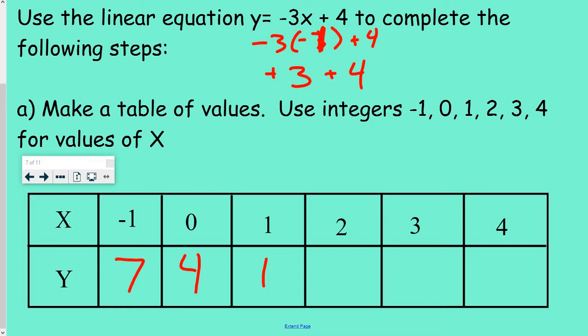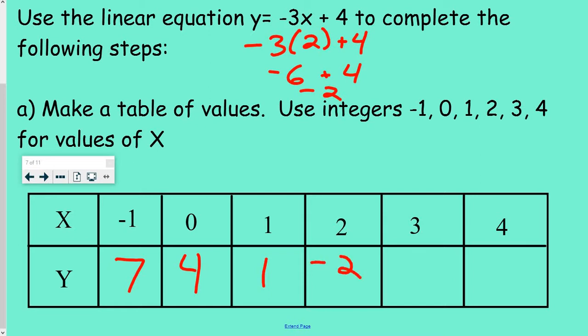If we plug in 2, I think you can start to see the pattern here. -3 times 2 plus 4 equals -6 plus 4, which equals -2. So it's going down by 3 each time. The next one will be -5, and the next one will be -8. If you plug it in, you can confirm that.